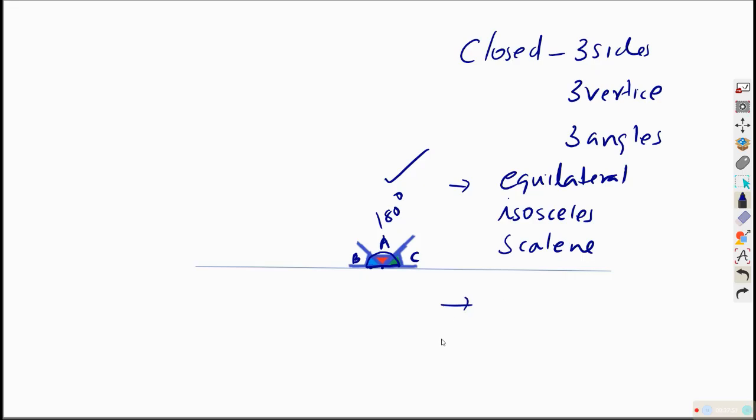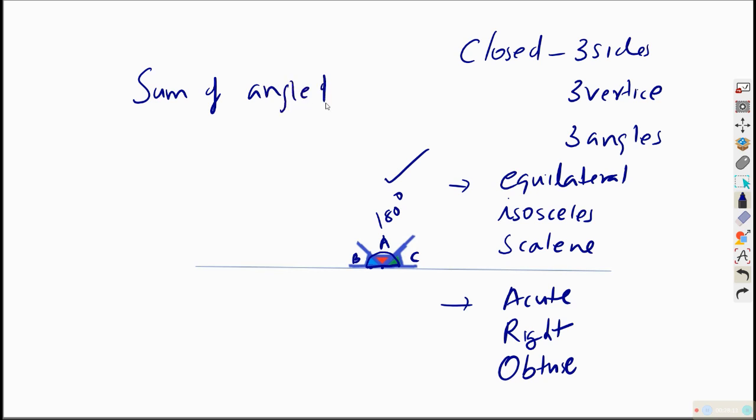You also found that triangles can be classified into three categories depending upon angle, like acute angled triangle, right angled triangle, and obtuse angled triangle. And you also studied that the sum of angles of a triangle is always 180.